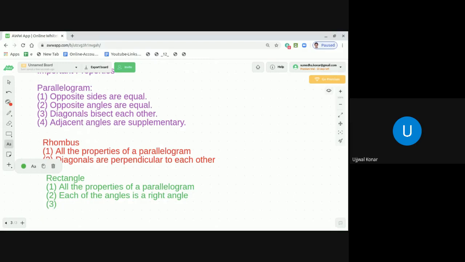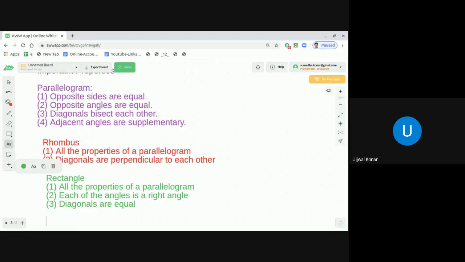If you recall, I said during the definition that one angle is a right angle, and then we found that all the other angles are right angles. That's why we said each of the angles is a right angle. Okay? And the third property is that diagonals are equal. That is the definition of a rectangle.